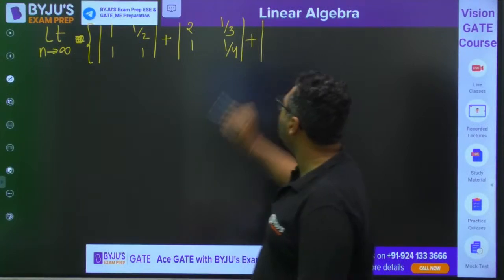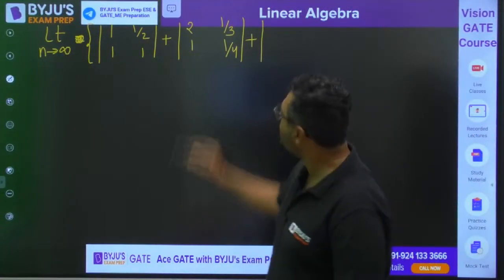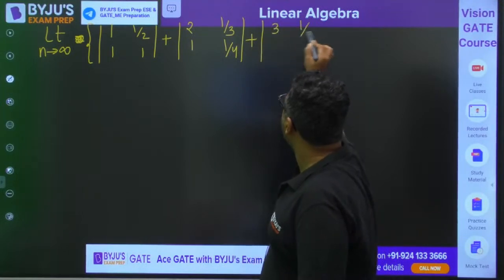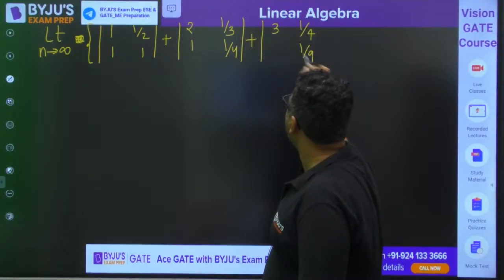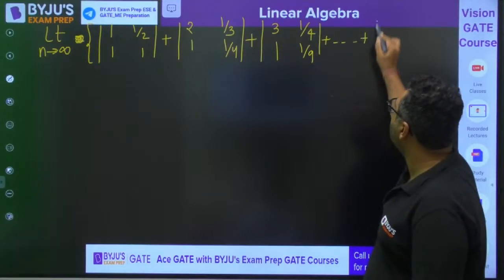Similarly, you can write the third matrix. I have already calculated it for you. This is 3, 1 by 4, 1 by 9 and 1, and so on.